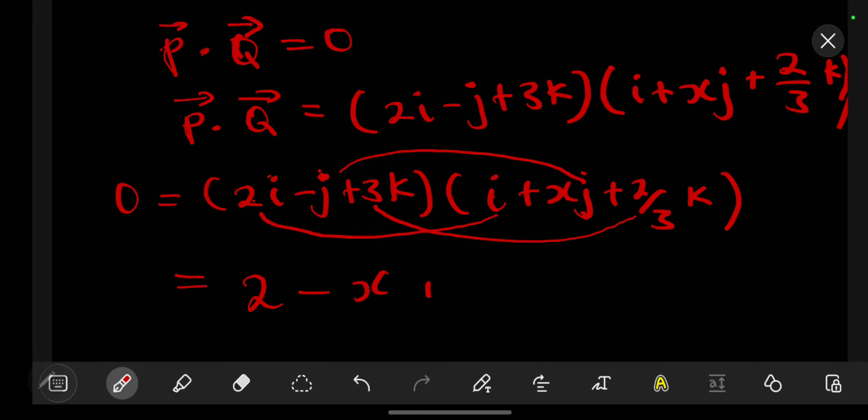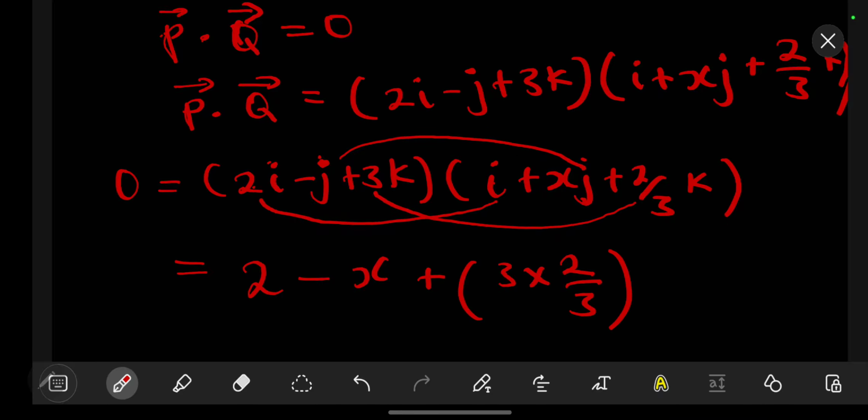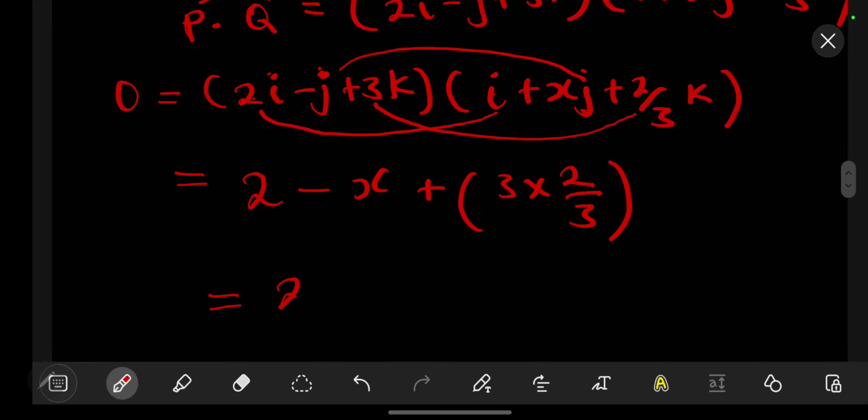So let's just write this. We have plus 3 times 2 over 3, since k times k will give us 1. So we are going to get 2 minus x, then plus this 3 and this 3 cancel. So we remain with a positive 2 there. This should be equal to 0.